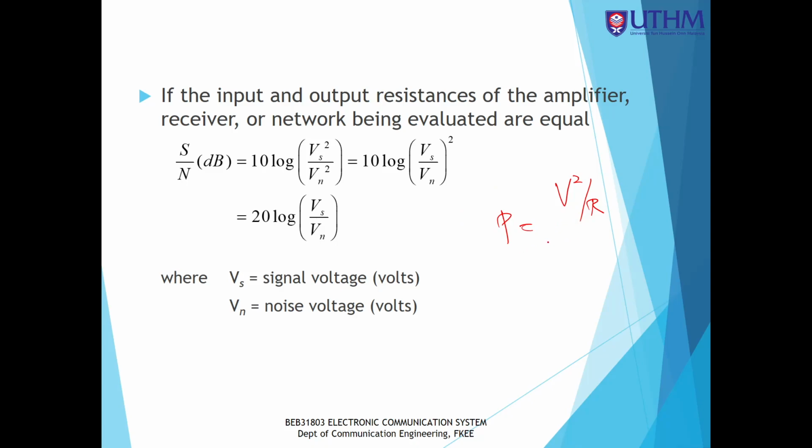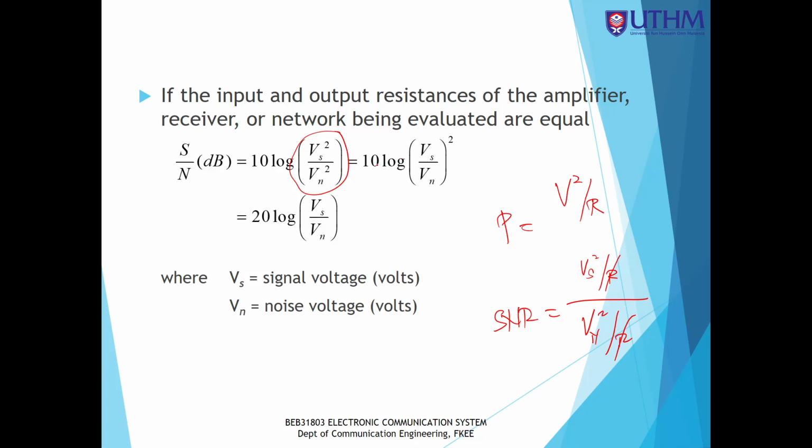So this is Vs square over R divided with Vn square over R. So both R are the same value, so we can cancel out. So that's why you see here Vs square over Vn square.